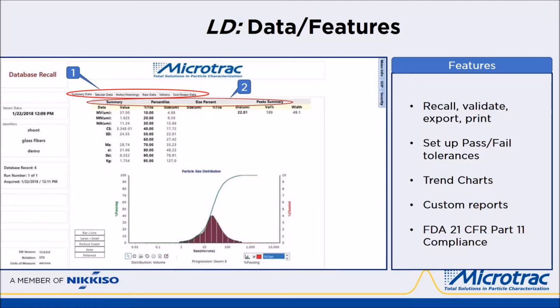The list of summary data, percentiles, size percent, peak summary, and below that, the distribution graph. To the right is a list of more features accessible: recall, validate, export, and print data, set up pass-fail tolerances, create trend charts and custom reports, and compliance with 21 CFR Part 11.